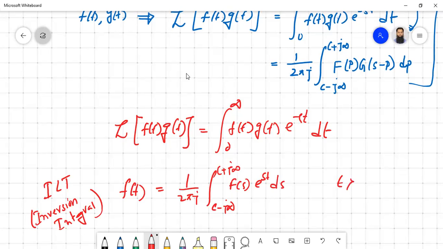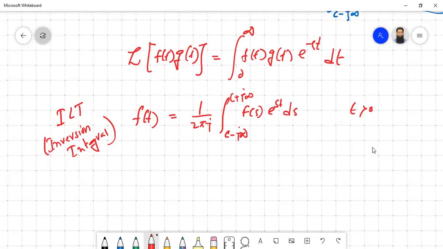We always assume that t is greater than 0, and c is the abscissa of convergence, or basically the line of convergence.